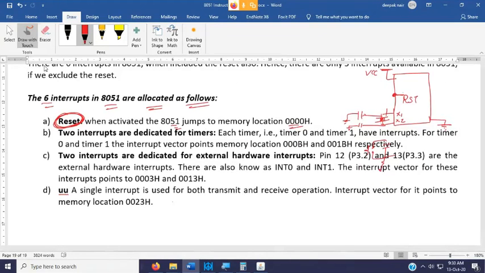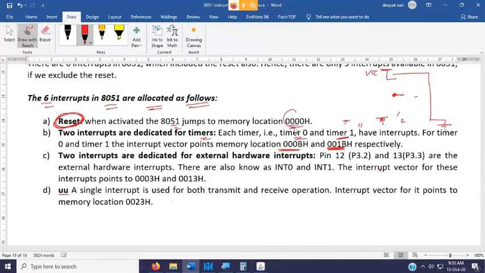Now coming to this part, there are two other interrupts which are dedicated for the timers. So there are two timers in 8051, timer 0 and timer 1. These two timers can generate interrupts and inform the microcontroller that their task has been completed. Every interrupt has its own vector location also.